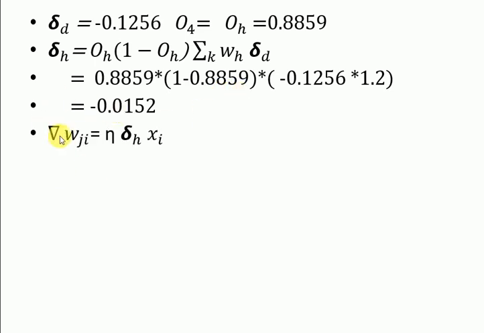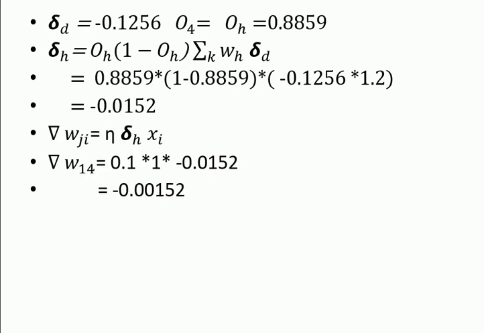So that is derivative of W of ji equals eta into delta H into X of i. So derivative of 1 and 4 equals 0.1 into 1 into minus 0.0152.